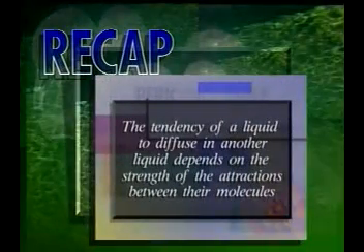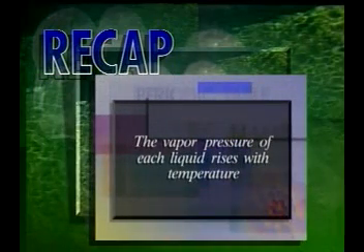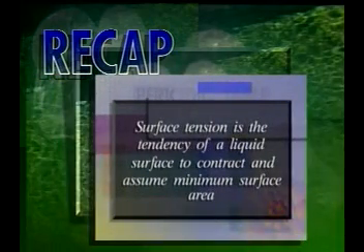The tendency of a liquid to diffuse in another liquid depends on the strength of the attractions between their molecules. The vapor pressure of each liquid rises with temperature. Surface tension is a tendency of a liquid surface to contract and assume minimum surface area.